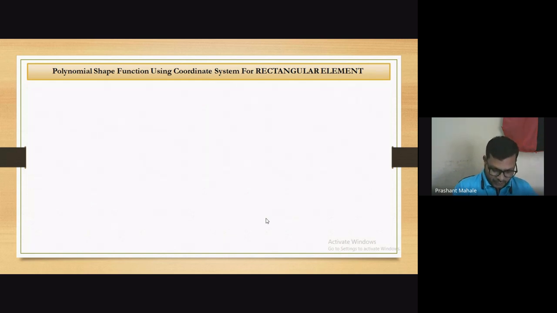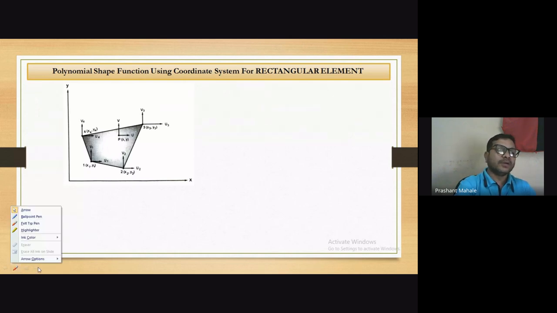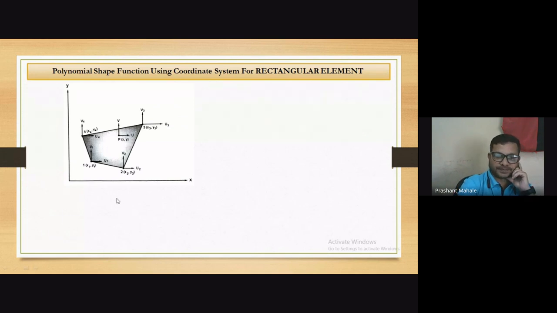Now if I go for rectangular element, then first of all we have to see how that rectangle we are going to consider here. Now you can see in the PPT that I'm showing the rectangle under analysis, and that rectangle is in global coordinate system, right?